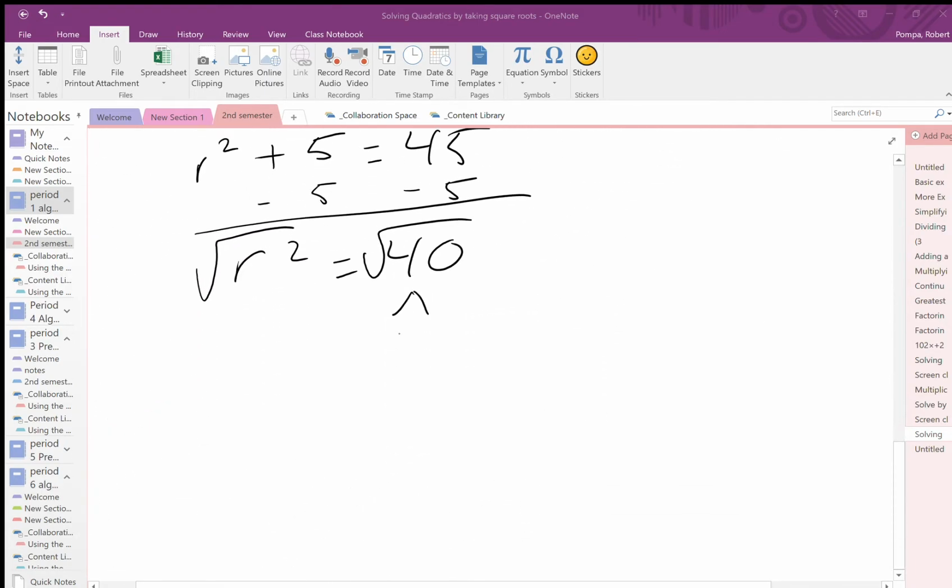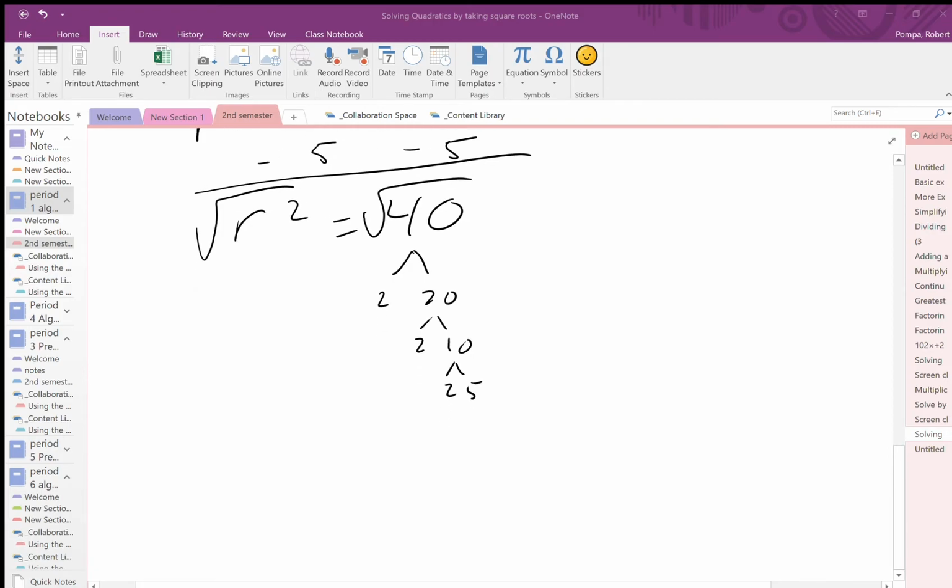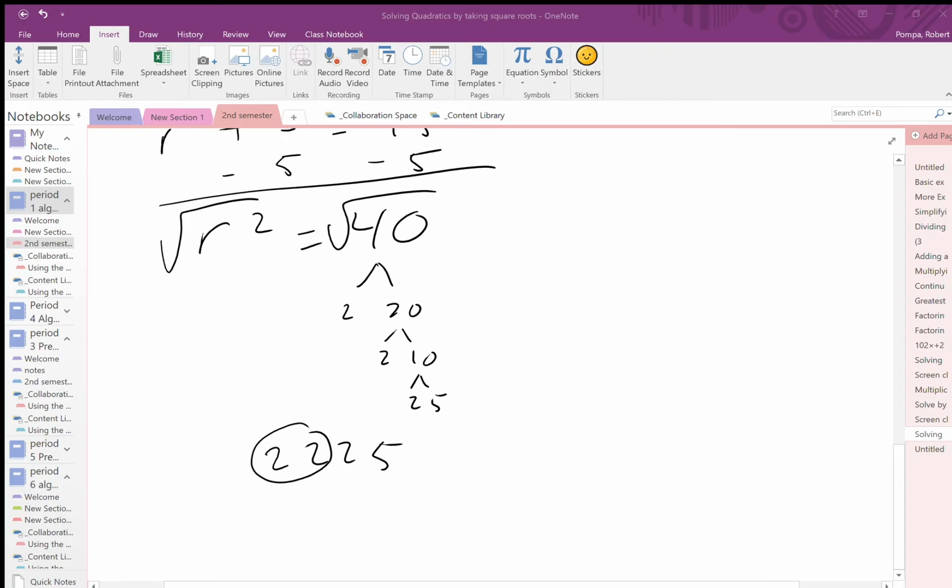So divide by 2, I get 20. Divide by 2, I get 10. Divide by 2, I get 5. We have 2, 2, 2, 5. I have a pair of 2's here. So R equals, remember your pairs go outside.